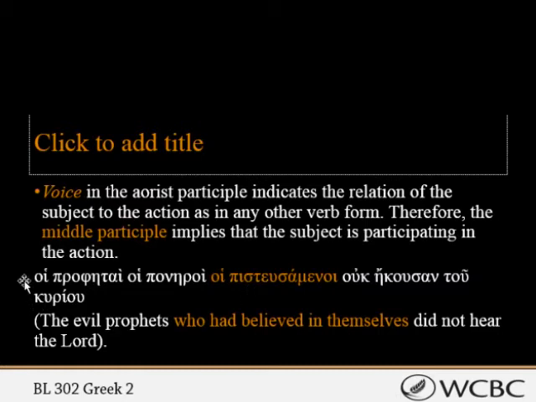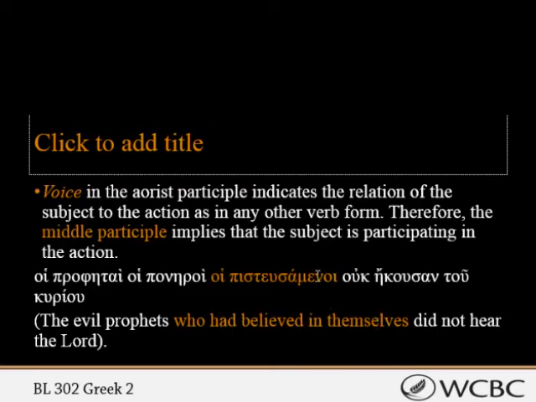And so if we take hoi prophetai, which would be the prophets, but now we have an adjective, hoi poneroi, so the evil prophets. And so now we're further describing these prophets by this participle. So the evil prophets, plural, who had believed in themselves. And you can see the middle voice, the mu epsilon nu indicates you have a middle voice, and these had believed in themselves.